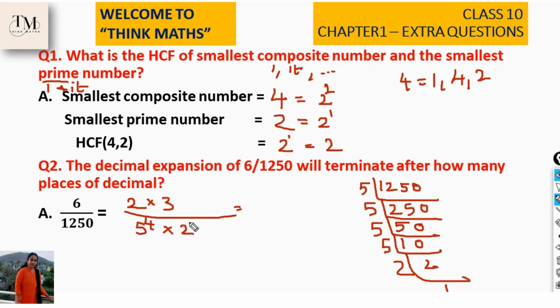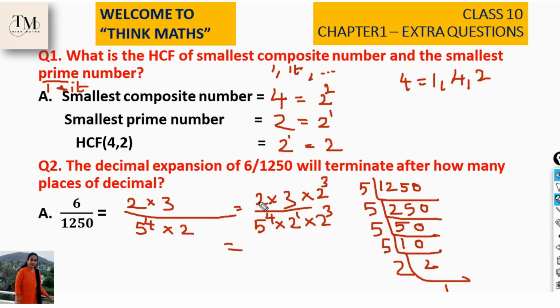To equalize the power of 2, I have to multiply by 2 to the power 3. So 2 into 3 divided by 5 to the power 4 into 2 to the power 1 into 2 to the power 3. In the numerator also you have to multiply by 2 to the power 3.